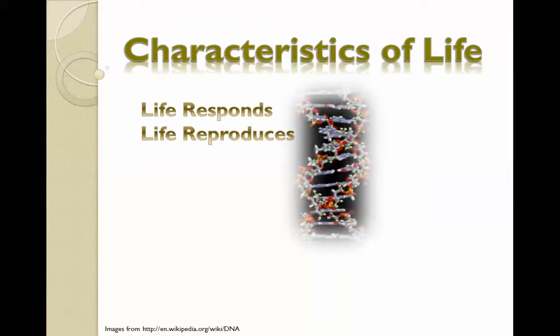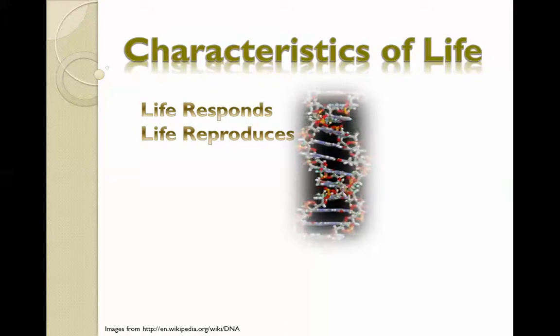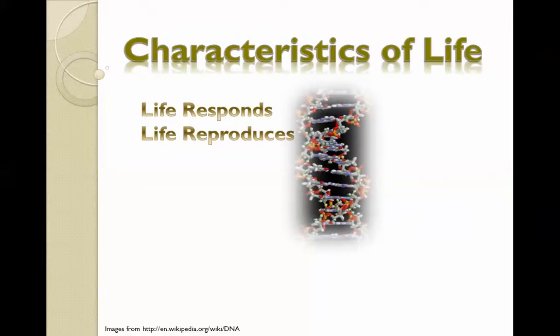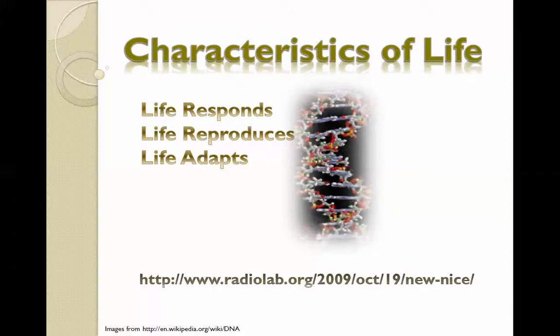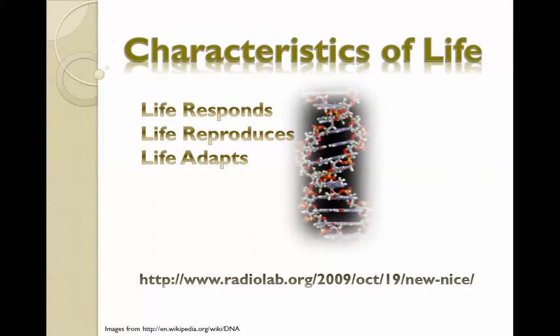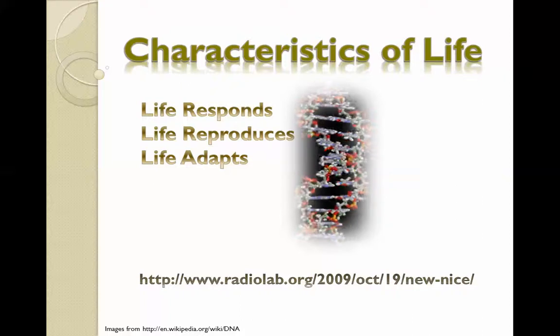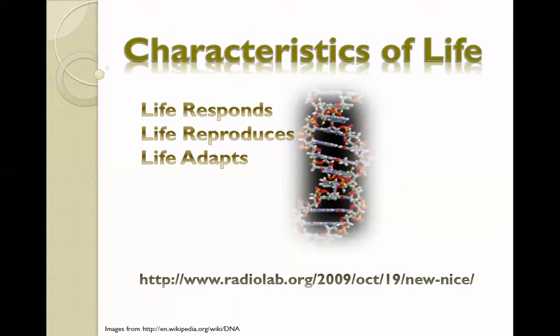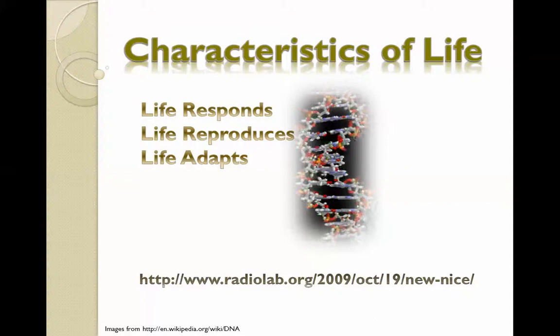And we mix these genes up, and we get a new organism, a new organism that's similar to both of us, but just a little bit different. And these little differences allow life to do one more really important thing that makes life really different from, well, I guess, not life. And that is it adapts.